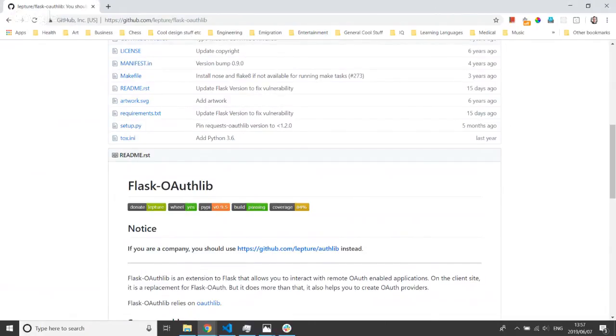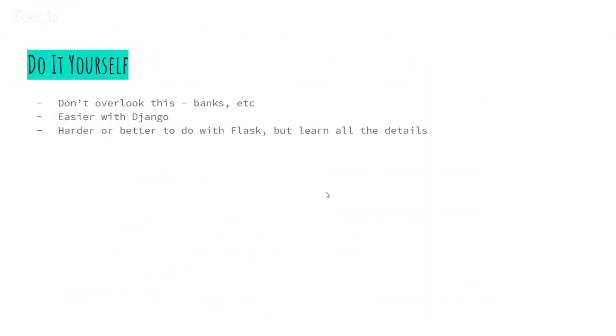Cool. So the next thing is do it yourself. This was before OAuth and OAuth 2, this is what everybody did, and there were a lot of people who were lazy and took shortcuts, and hackers or people looking for weak points in your security are always going to be a step ahead.